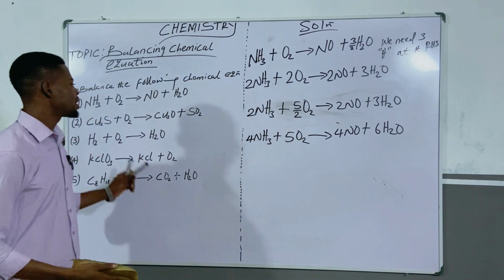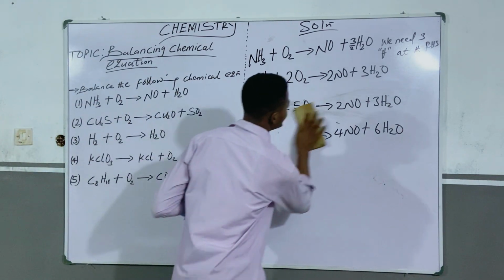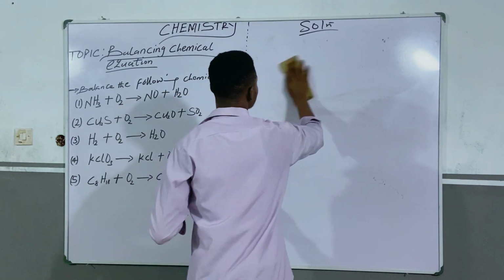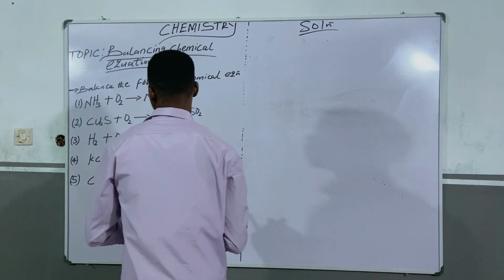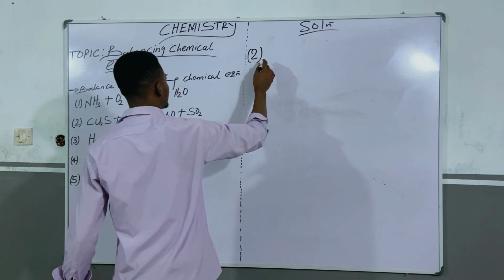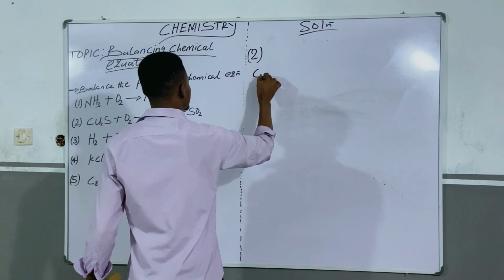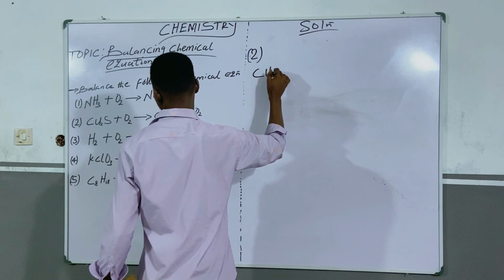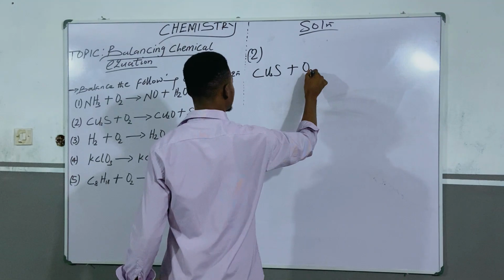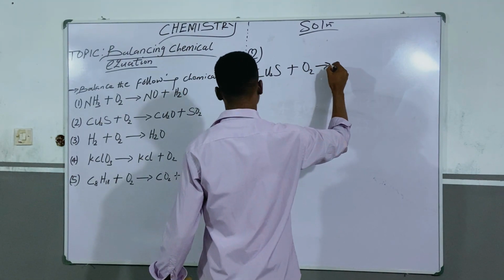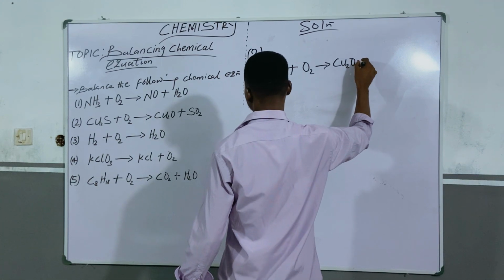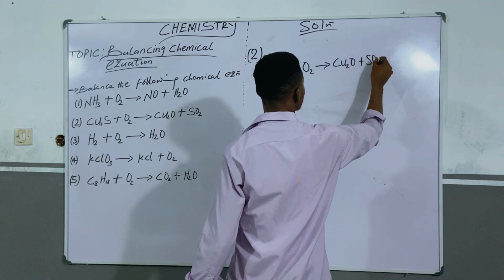That is for that. Okay, let's check question number 2. Now in question number 2, we have Cu2S plus oxygen to give us Cu2O plus SO2.